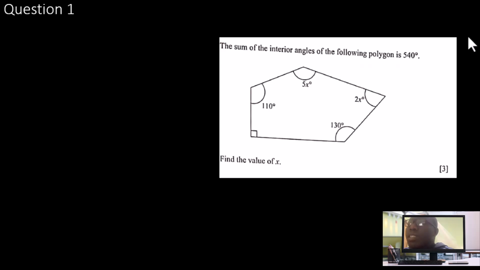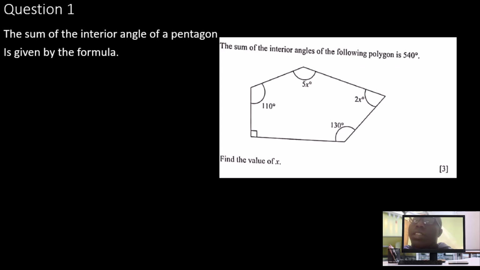So in this particular case, this is a five-sided polygon. The sum of the interior angles of a pentagon is given by the formula n minus 2 multiplied by 180, where n is the number of sides.